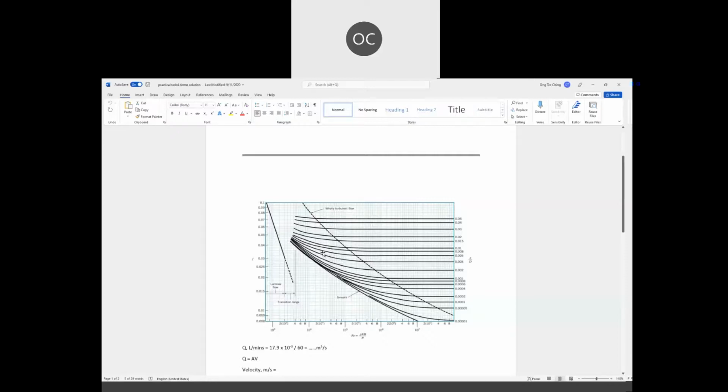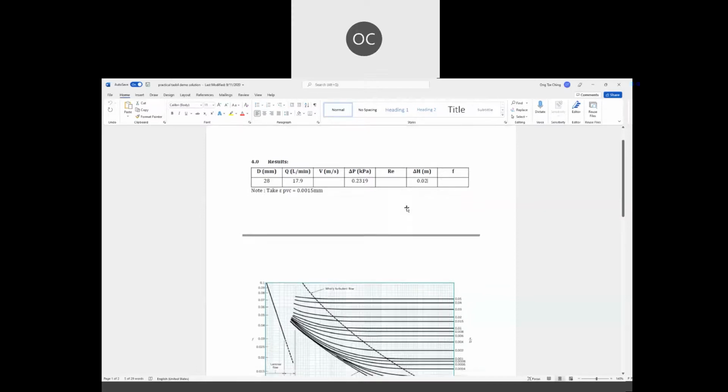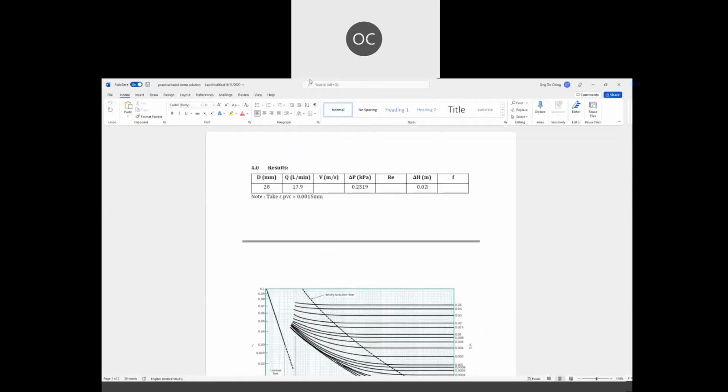Once they meet at a certain point, what is the F value here? Maybe this one is close to 0.04. So you are going to obtain the F value, the coefficient of friction, from this graph itself. That will be the way to obtain this F value.